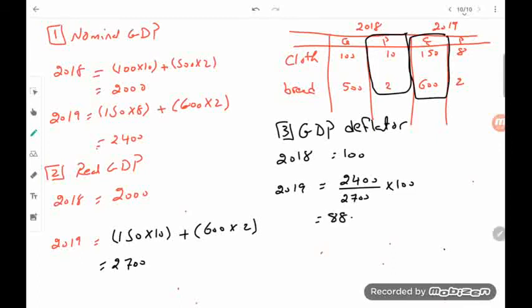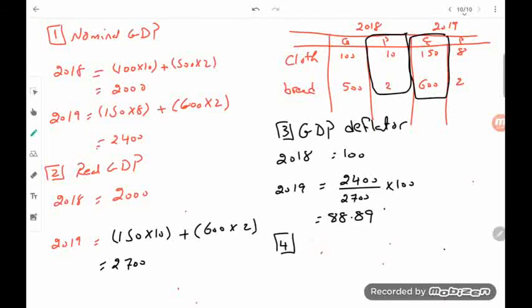It's 88.89%. By the way, year 2019 is less than year 2018, which means that there is a decrease in the general price level instead of an increase. Later on, we are going to talk about inflation in details.